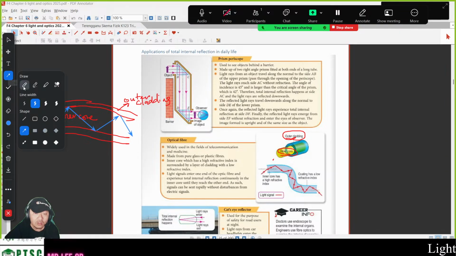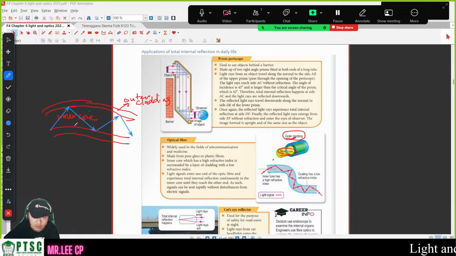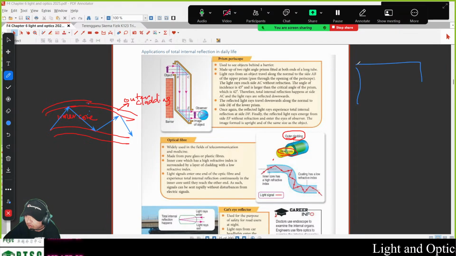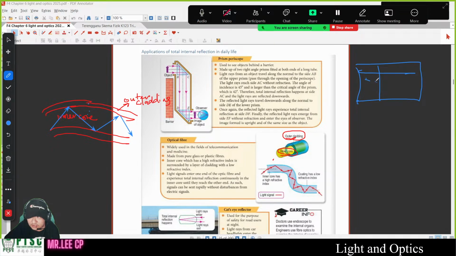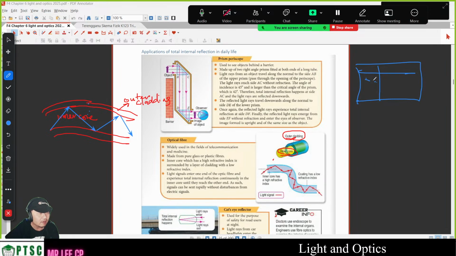Normally what they ask you is to compare the density here and here. They give you one table, right? Density: inner density how? Outer density how? So you need to know.